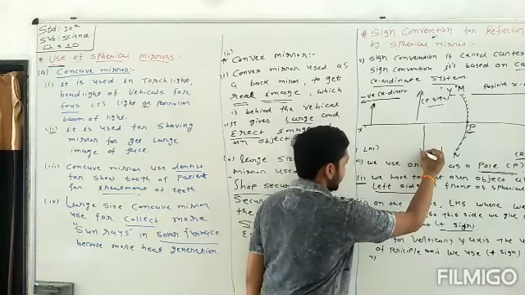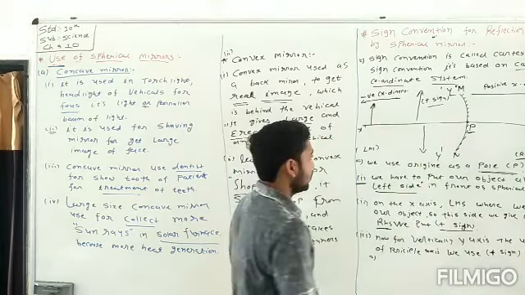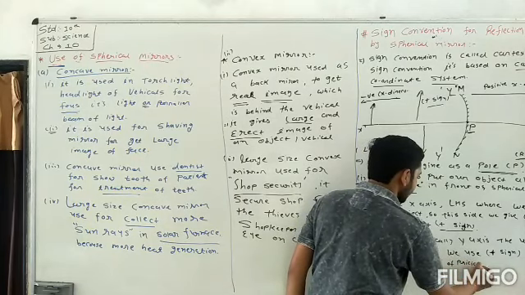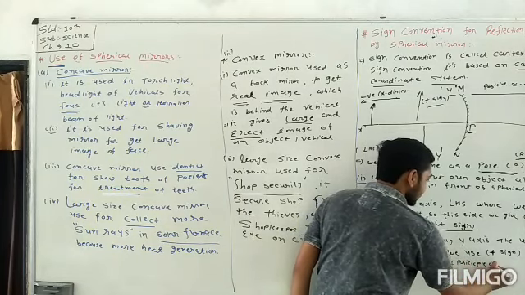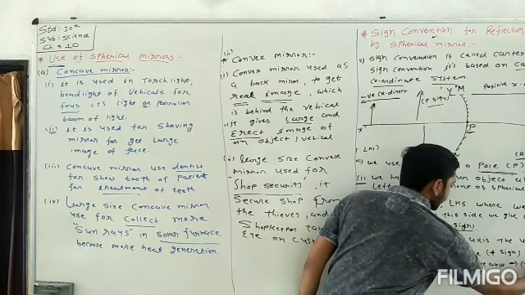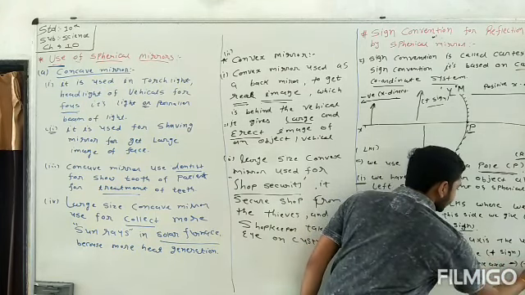The downward side of the principal axis we use negative sign.